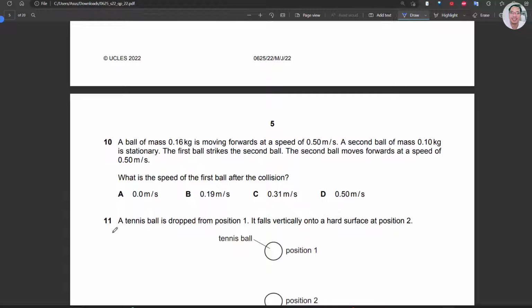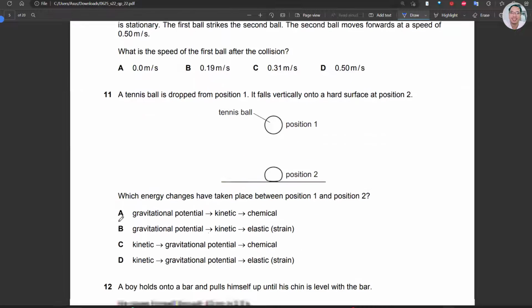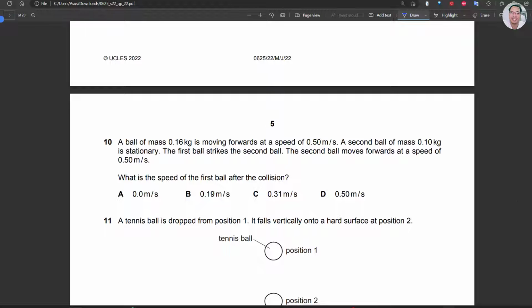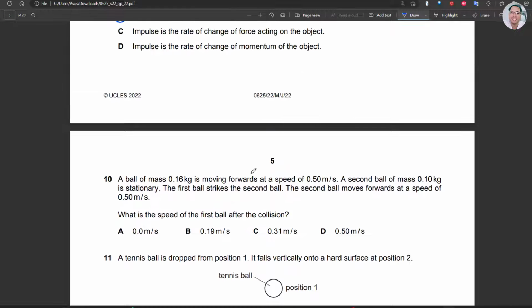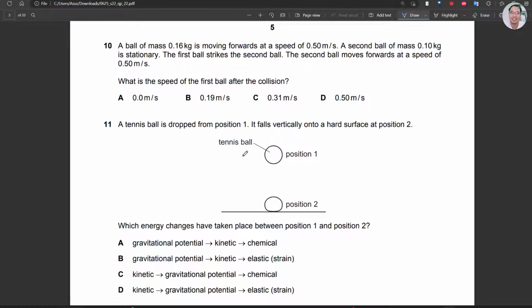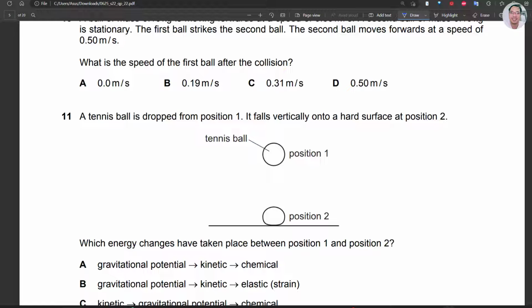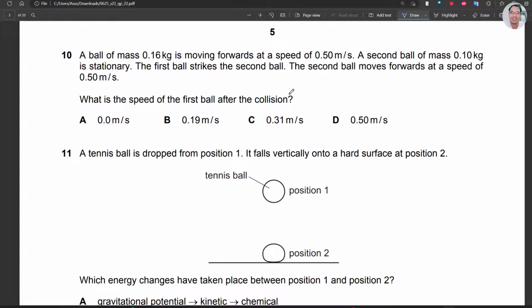Question 10. A ball of mass 0.6 kilogram moving forward at a speed of 5 meters per second. A second ball of mass 0.1 kilogram is stationary. The first ball strikes the second ball. The second ball moves forward at a speed of 0.5 meters per second, meaning the same speed.